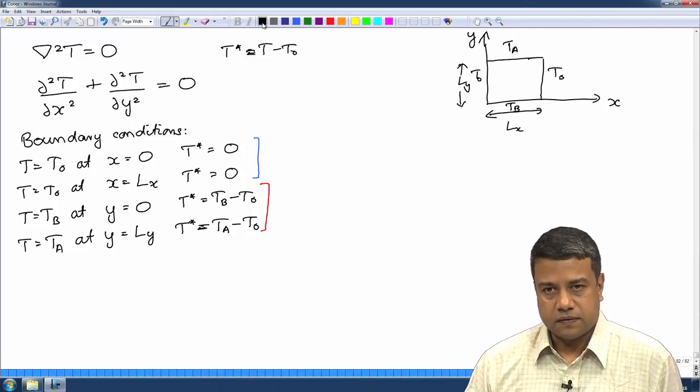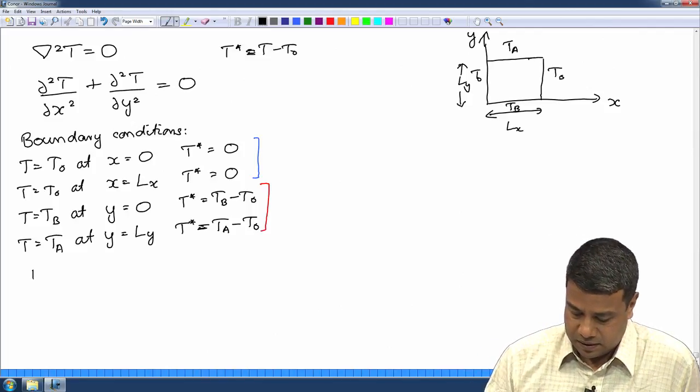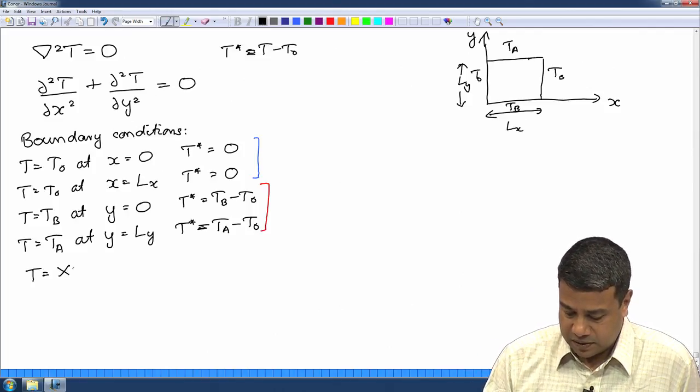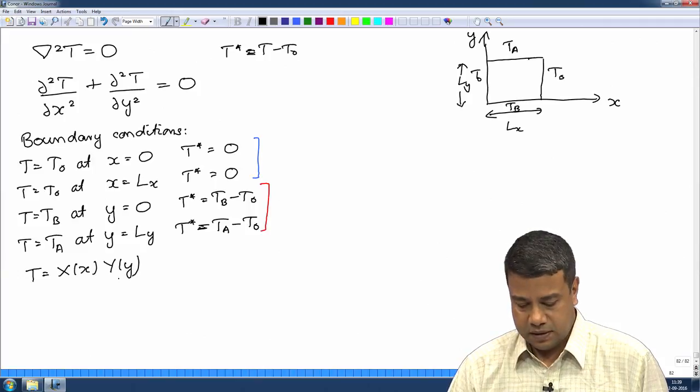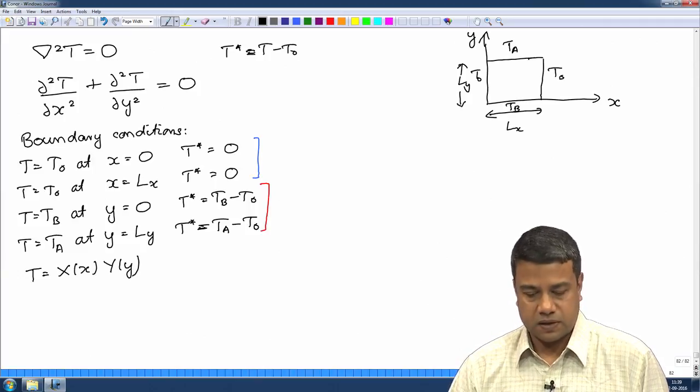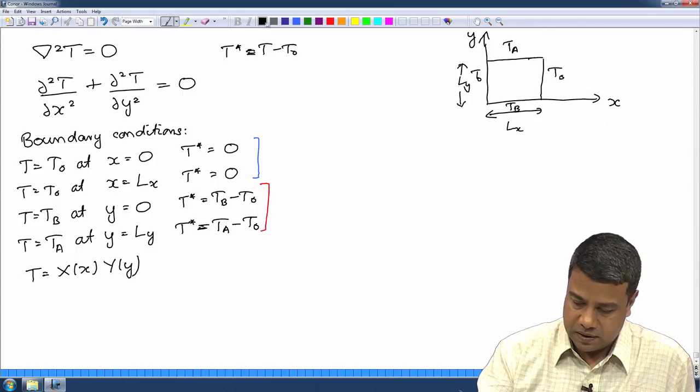The first thing I have to do is write T equal to some function of x times some function of y. Insert that into the conservation equation.